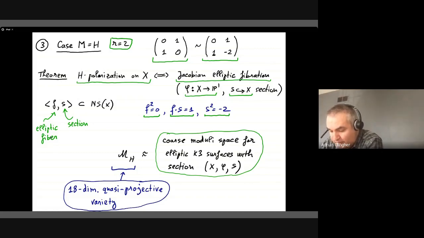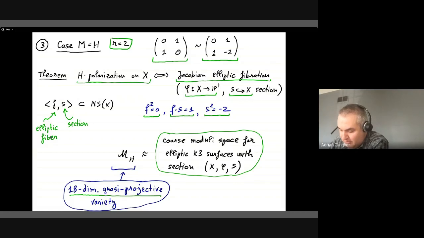So bottom line, for the purposes of this talk, what I wanted to say is, if I start with this hyperbolic polarization H, and if I look at the moduli space constructed, say, via the Torelli arguments I just described, then I'm going to get a moduli space that is 18-dimensional.